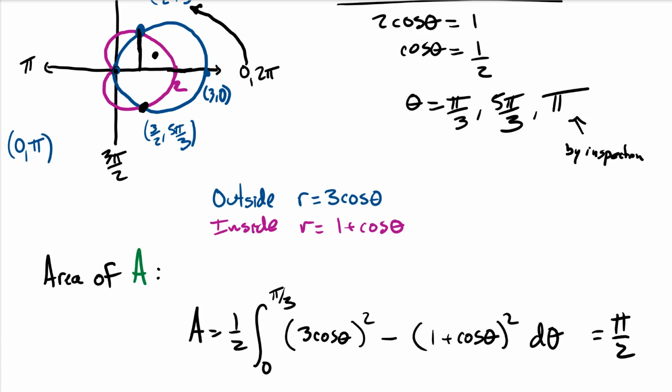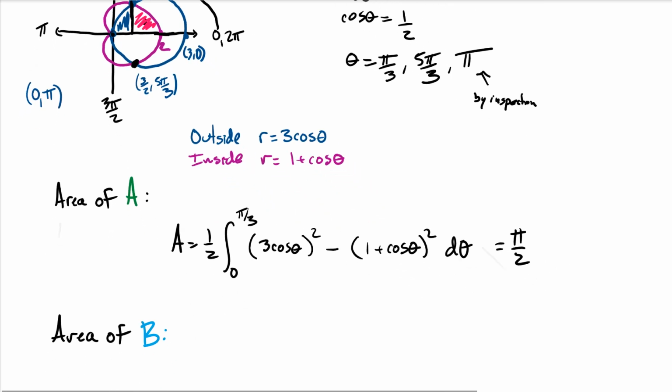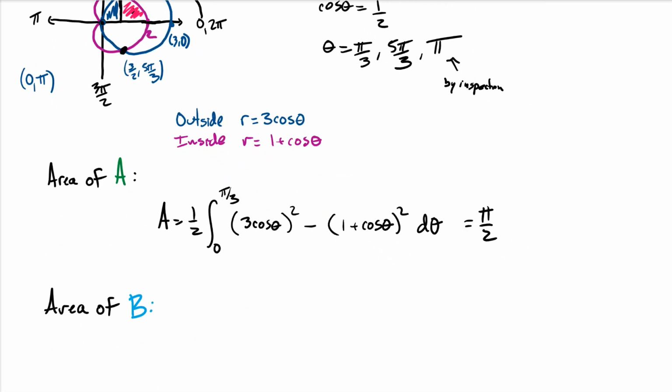And once we get past pi over 3, it's just going to be the area of the circle. So it breaks down into 2 different regions. See this? That's just the area of the cardioid, plus the area of the circle. That's region B.